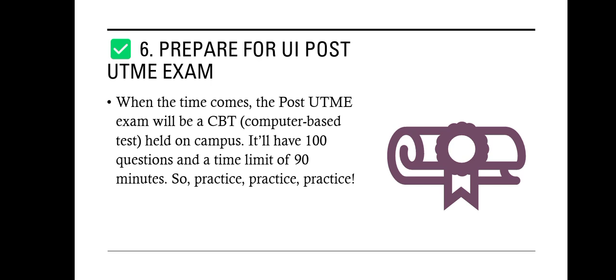You have to be attentive, you have to be very smart, you have to have time management and others. So if you have started preparing now, it will surely help you when you get to the exam hall. So the number six thing you have to do as an aspirant is to prepare for your post-UTME exam by having access to past questions that you'll be solving every day.